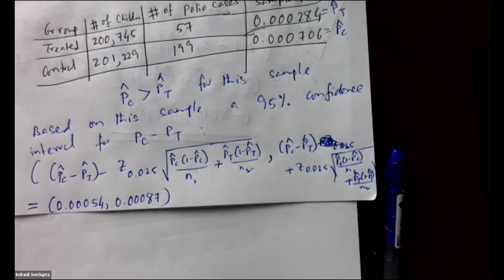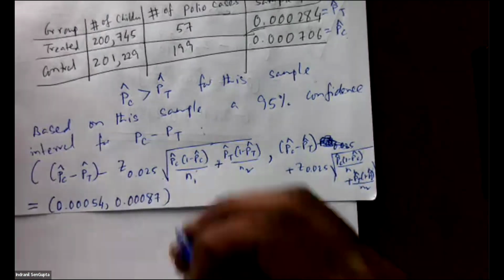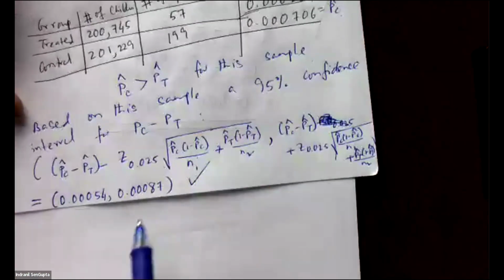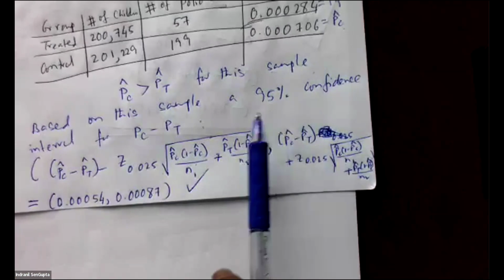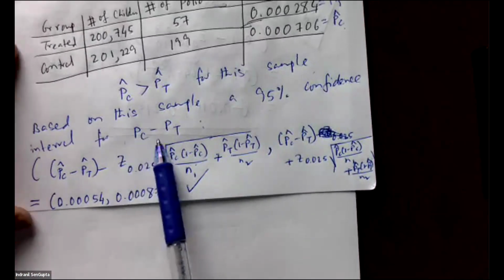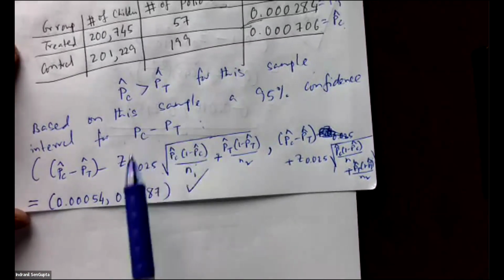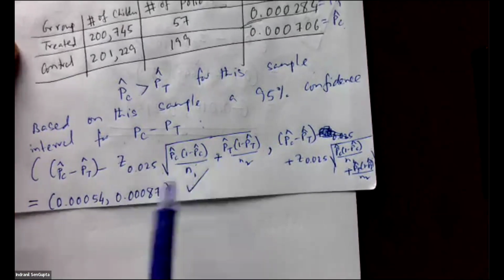Now, what is important is not this particular number. What is important is to note that this 95% confidence interval for PC minus PT is positive. It's not a negative number, right?